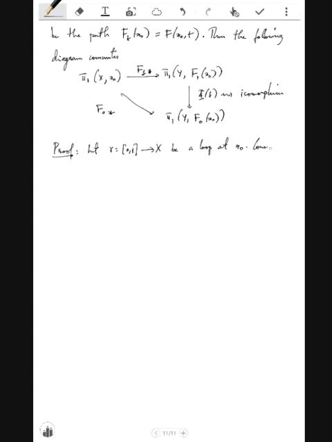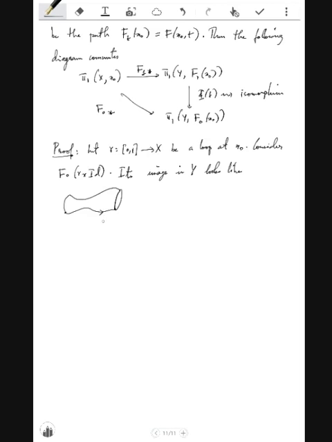So consider f compose gamma cross identity. Its image in y looks like this.